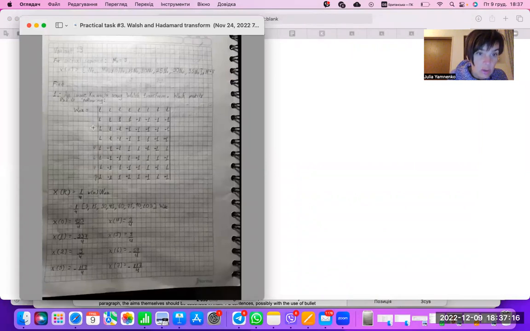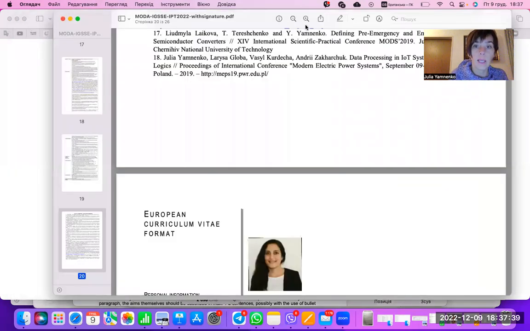This third row should be corrected, and you should correct the result, because you obtained 8 values of the spectra, and on the next page 8 values of the Hadamard spectra, and these values are different, but they should be the same, just in another order. So please, Anthony and all others, do this correction, and I'm waiting for the uploading of your files.